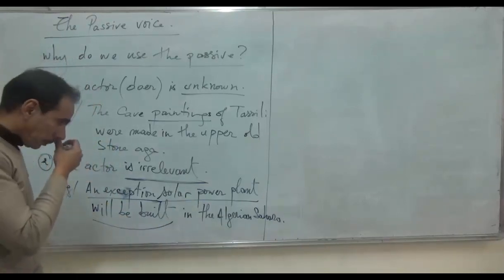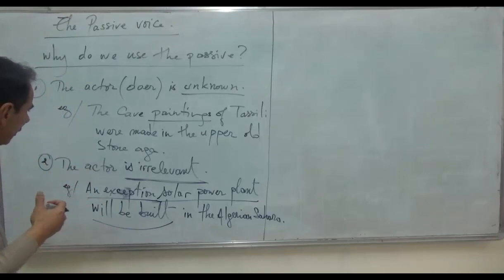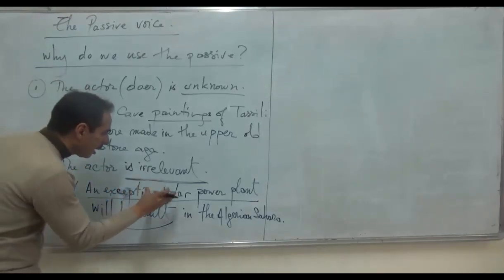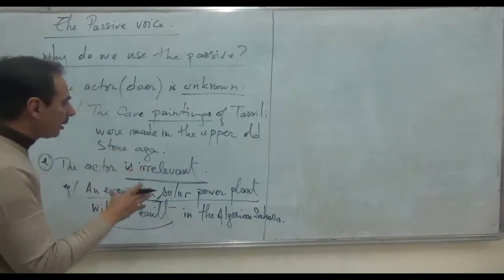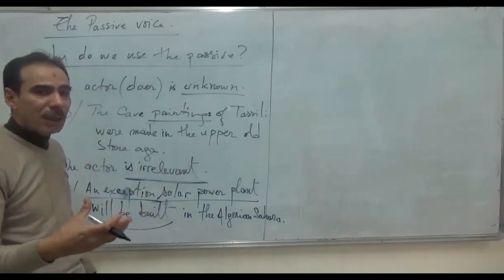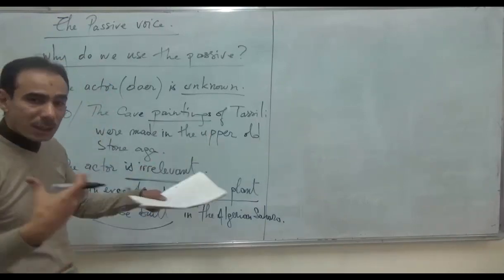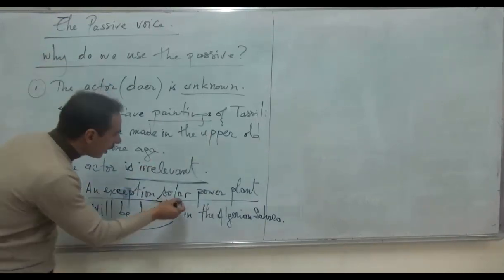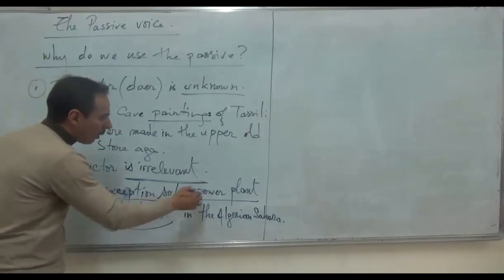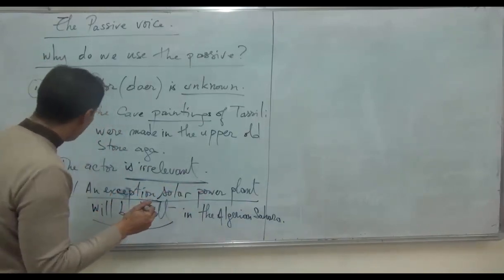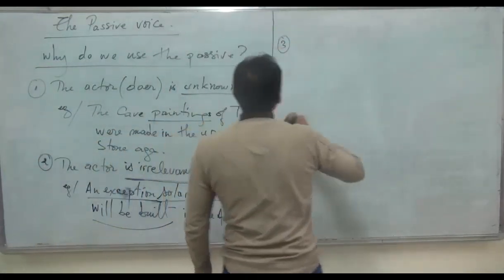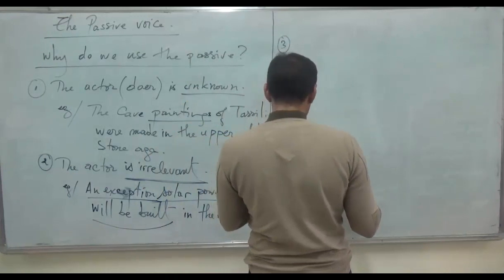It doesn't mean a lot. What is important in my sentence is that a solar power plant, of course, is a big factory that generates electricity using solar energy, or solar power. Alright? So, we go to the third case in which we use the passive voice.